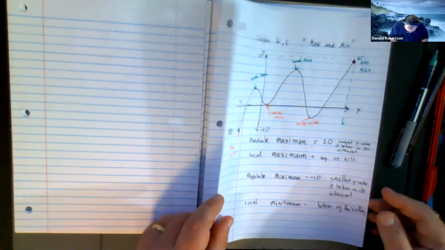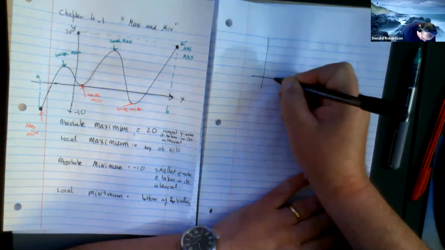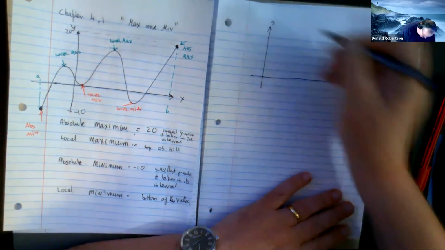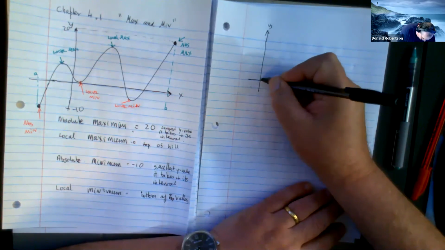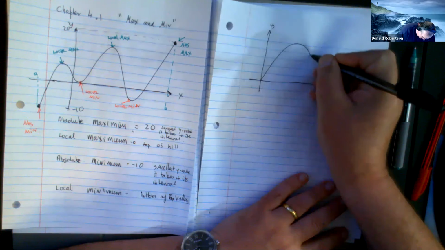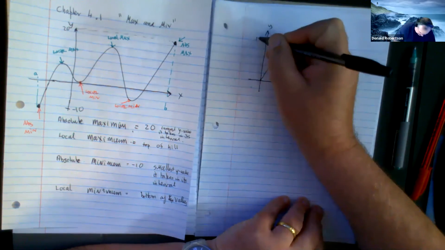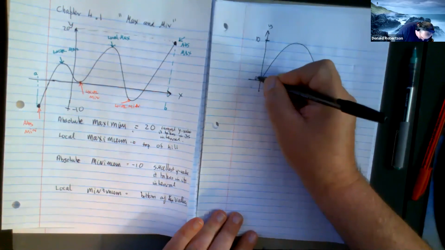Now, that's the basic concept. Now we're going to do the nuances, and that gets a little bit weird. Imagine I have a function that starts here, crawls up to here, and finishes here, and that point there is at a height of 10. And that's 0.